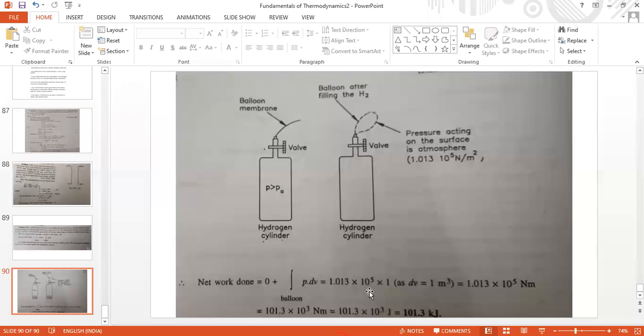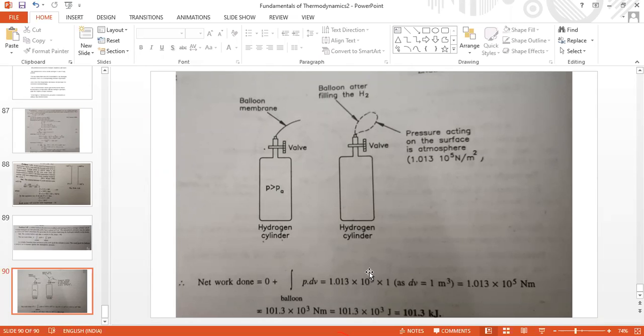You observe, pressure is in Newton per meter square. And why understanding units is required is because if this is given in bar, you have to convert it into Newton per meter square only. Otherwise, you will not get Newton meter. That's why conversion is required.